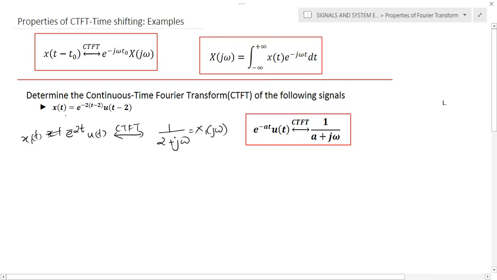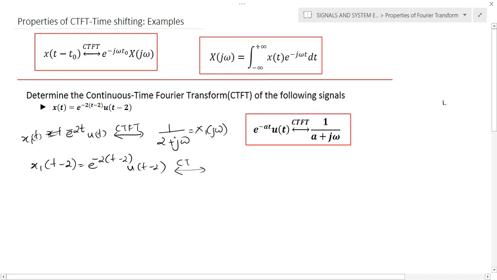Now we'll consider the new signal x of t, which is actually the shifted version of the signal x1 of t. That is x1 of t minus 2. It can be written as e raised to minus 2 into t minus 2 into u of t minus 2. If you apply the shift t to t minus 2, it becomes e raised to minus 2 into t minus 2 into u of t minus 2.